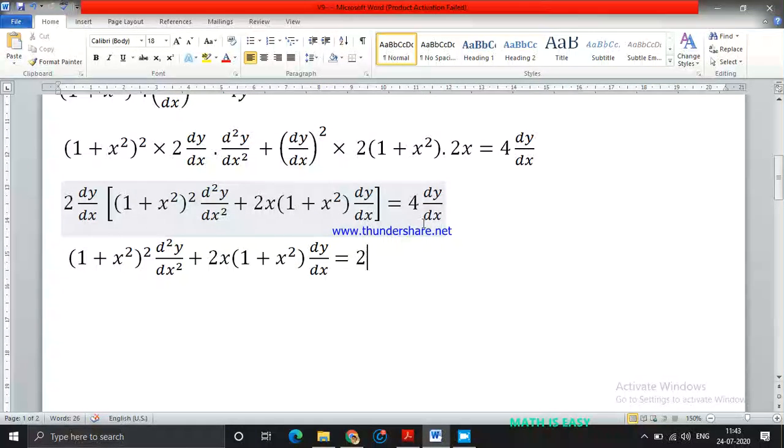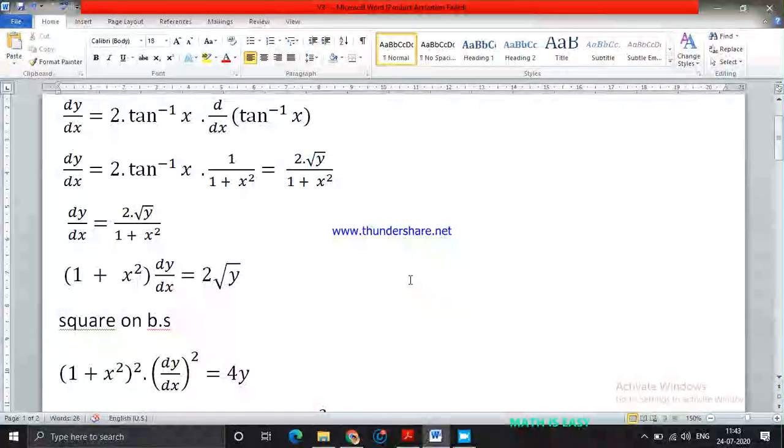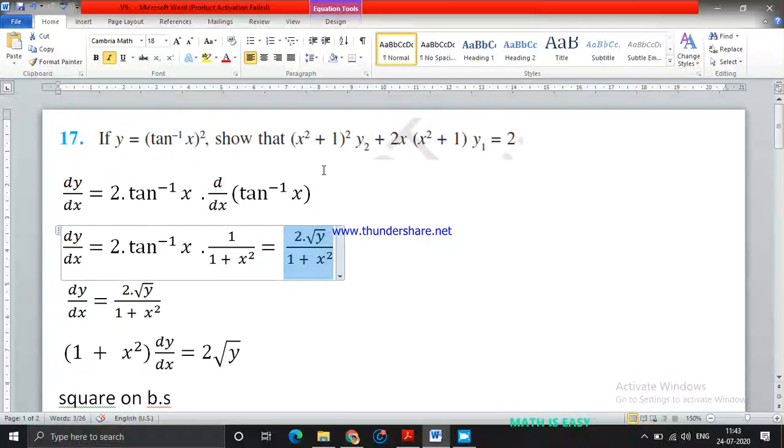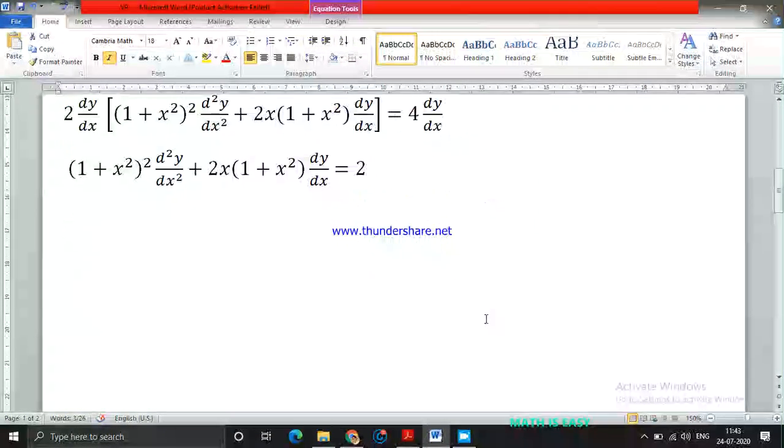Or what you can do is, here you got the dy by dx value as 2 root y upon 1 plus x square. Then you find the second derivative, d square y by dx square, by applying the uv formula. Then you substitute all the values here, then you get the answer as 2. That way is also fine. You can use whichever method is comfortable.